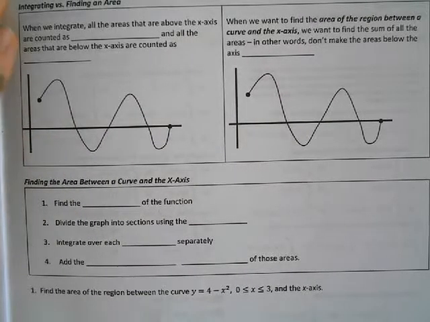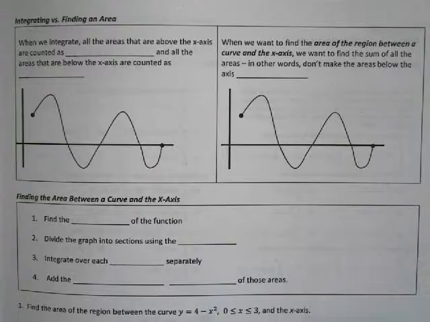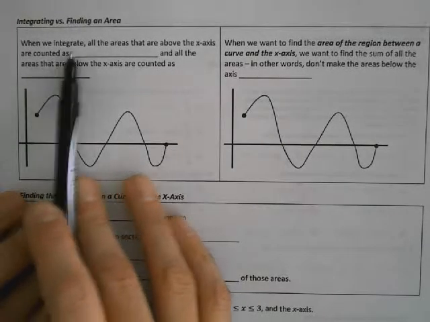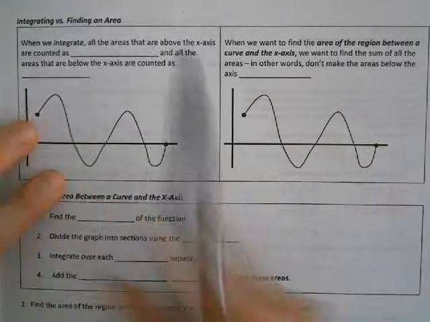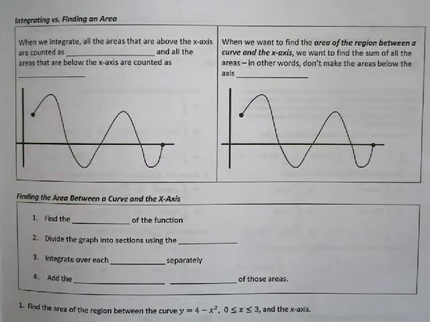So we're going to jump over here to page 47. Again, talking about the difference between integrating versus finding an area. So remember, when we integrate, all the areas that are above the x-axis are counted as positive.